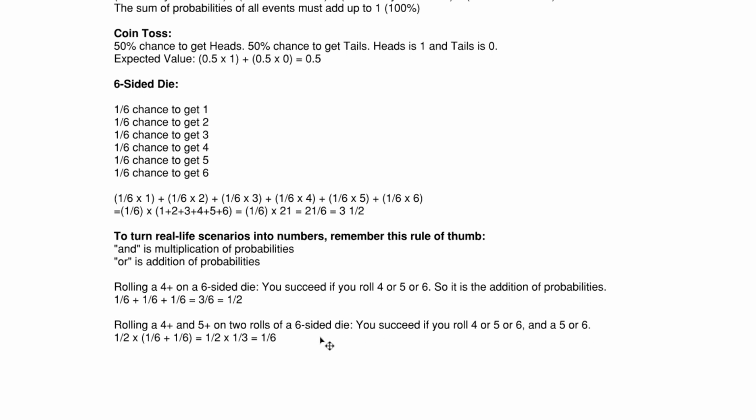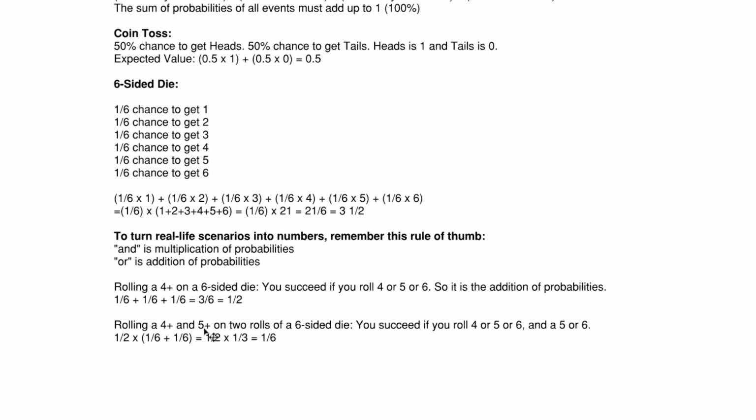So what this comes out to is, from the previous example, rolling a 4 plus on a 6-sided die is 1/2 probability. So you have half here, and since you have the keyword and, you have to multiply the probability of rolling a 5 up.